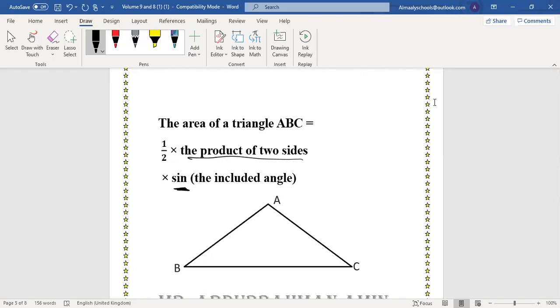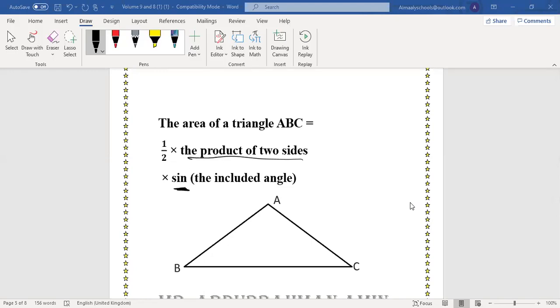Yazan? Yes, Mister. The new rule said, the area of a triangle ABC equals half multiply the product of two sides multiply sine the included angle.